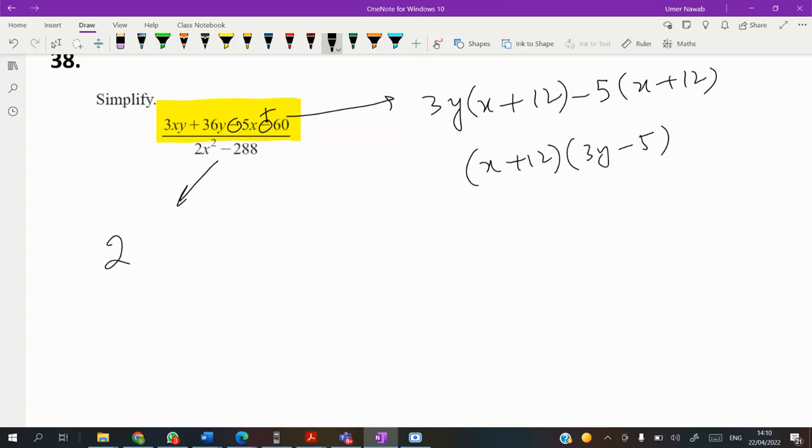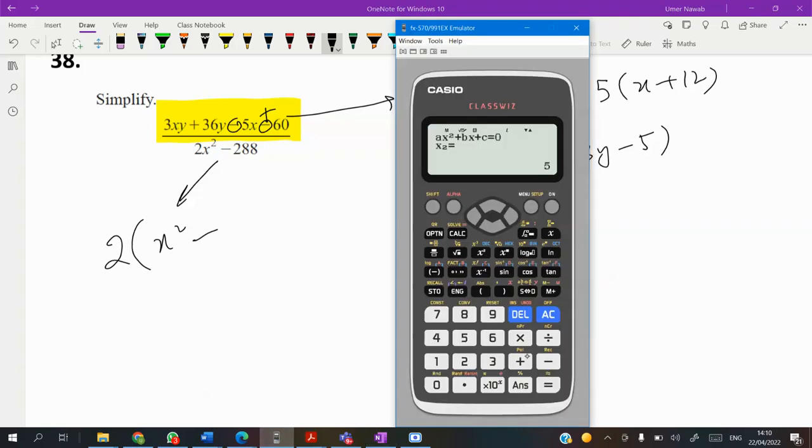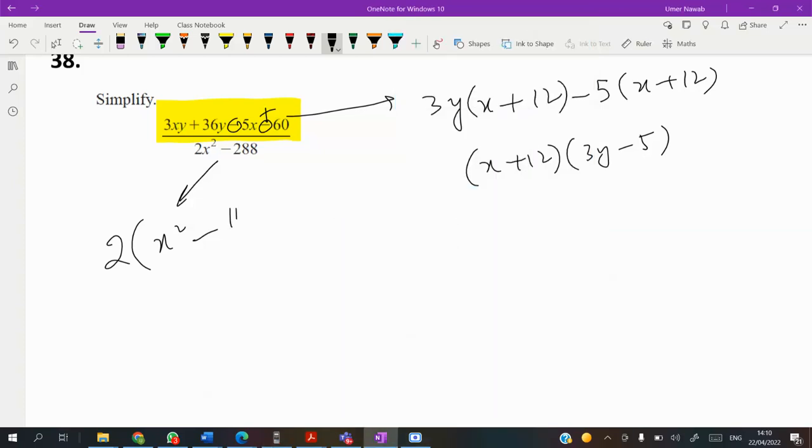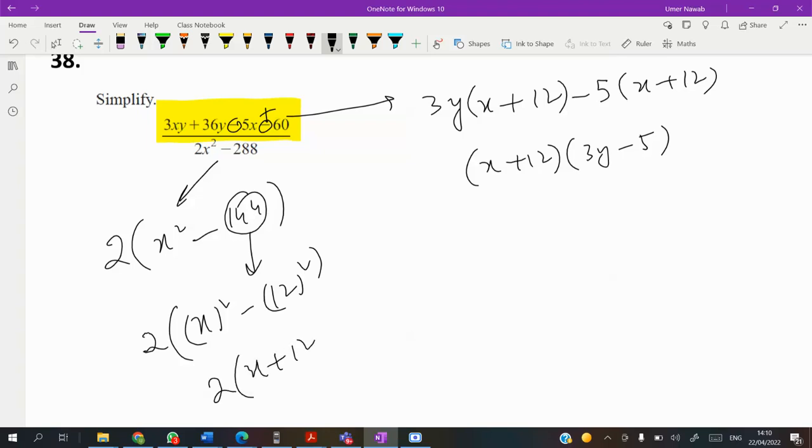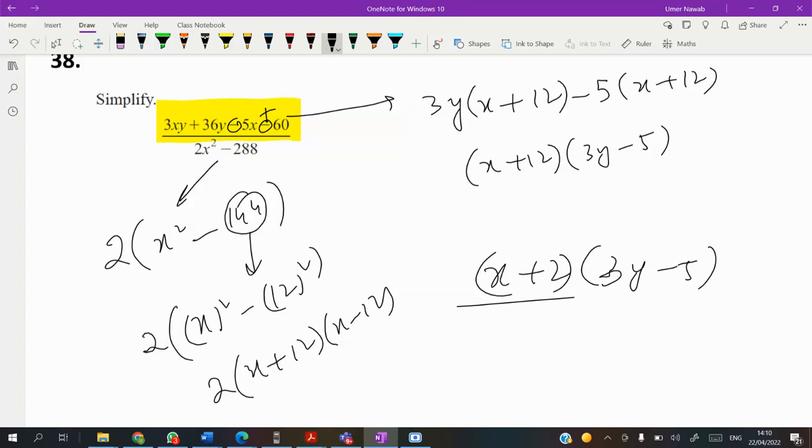What is common from them? 2 is common, so what is left inside? x squared, 288 divided by 2 gives you 144. As you all remember, 144 can be written as x squared minus 12 squared. So 1 times x plus 12, then we write x minus 12. So guys, I'm ready to do the factorization because both numerator and denominator are factorized.